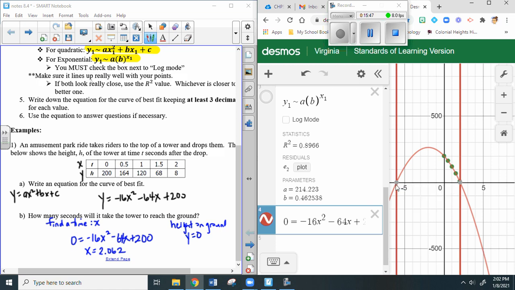So that answer does not make sense for this problem, okay? And so I only want the positive time, and that would be the answer to our question.